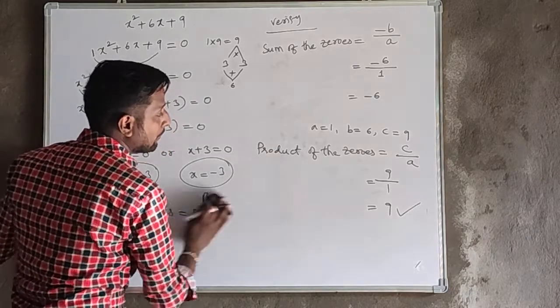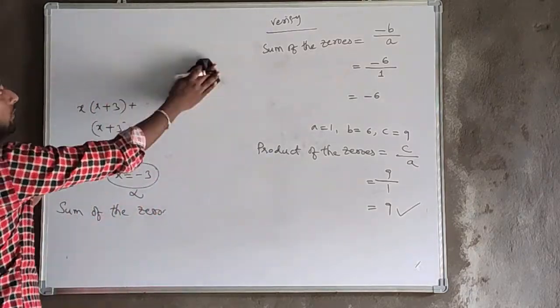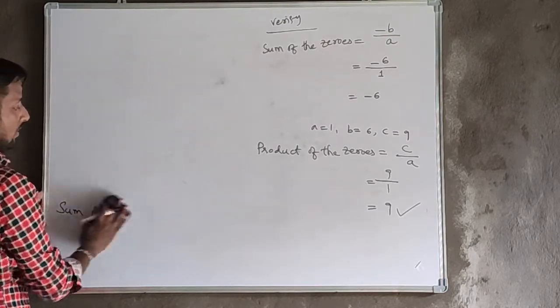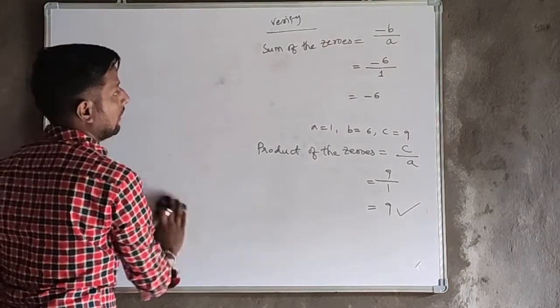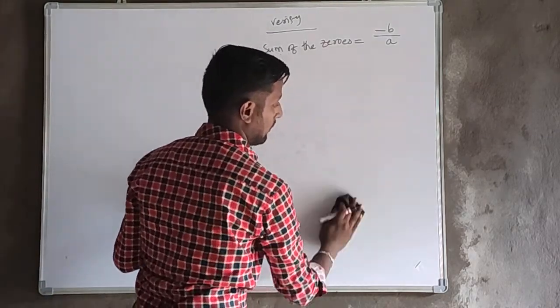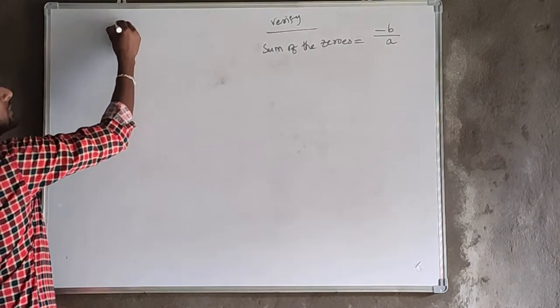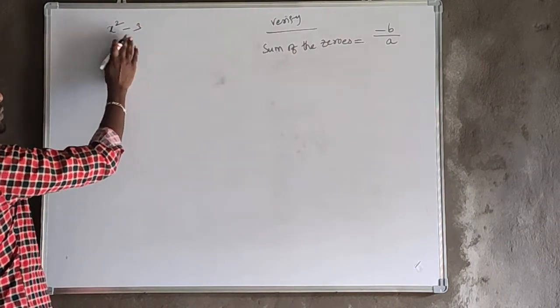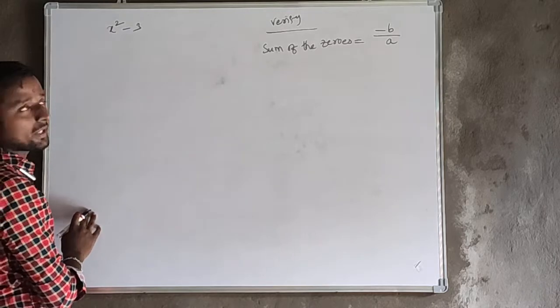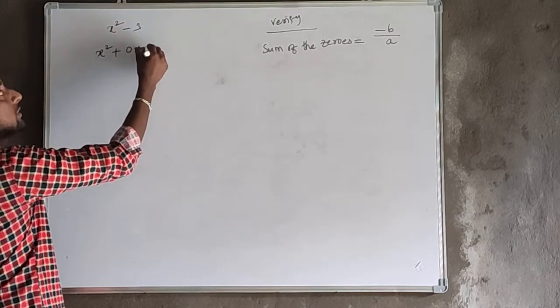For example, x square minus 3. Now look here, there is no x term, correct? So I can write x square plus 0x minus 3.